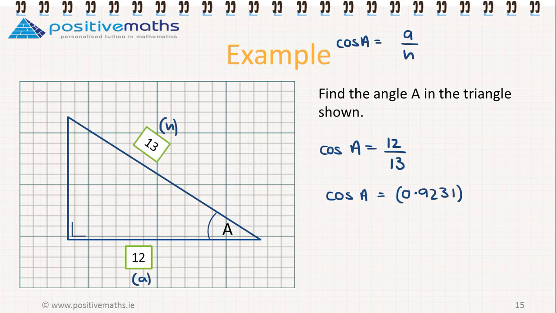So the next step is to find the cosine inverse of that number. So if we're finding cosine A on the left, the next line is going to be A is equal to cosine inverse 0.9231. So let's just discuss this for a moment. If we have cosine A equals a number, let's just say 5, then A is equal to cosine inverse of 5.